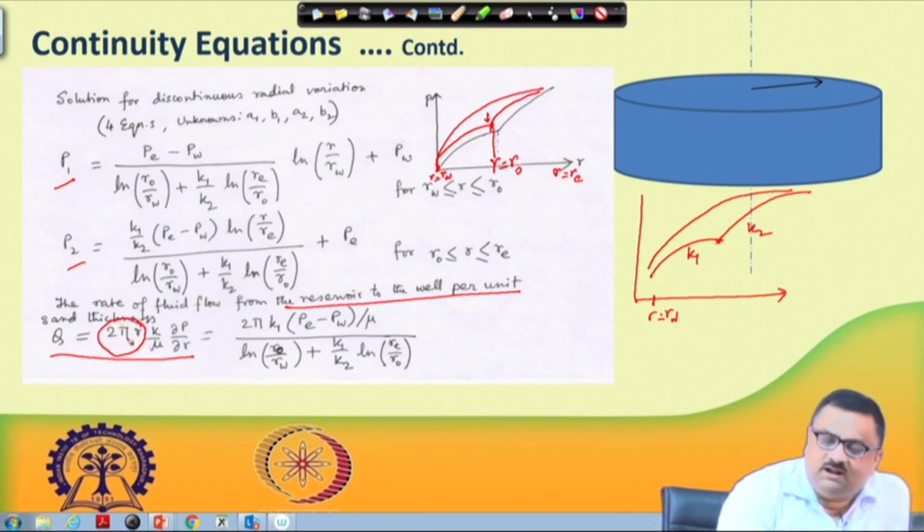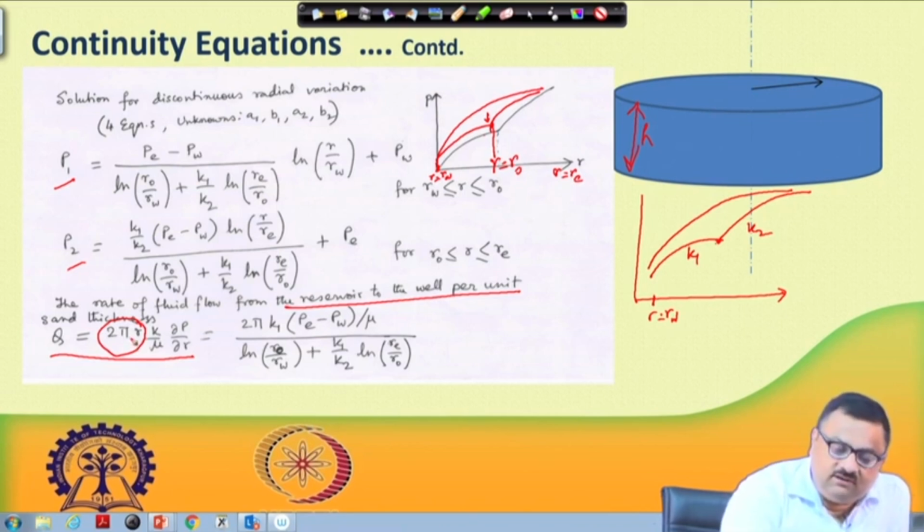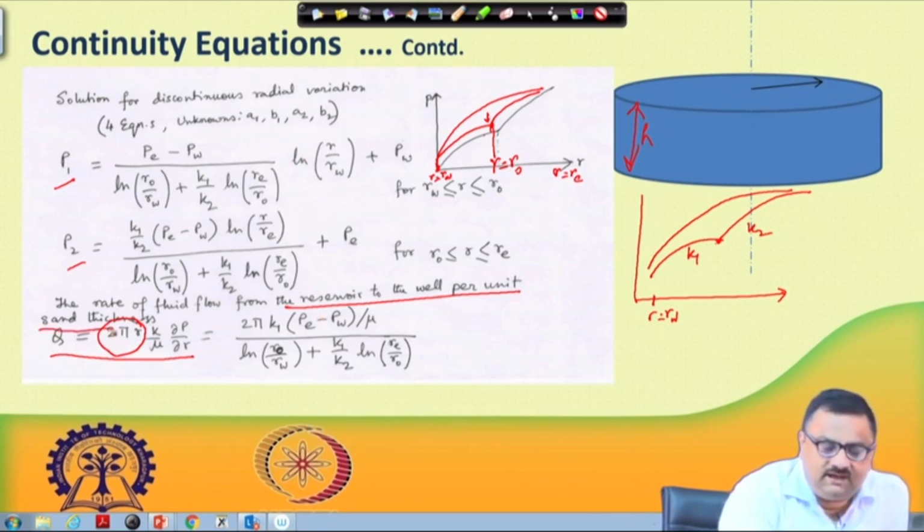Now, area is what? Area is 2 pi r h, right. This height is h and 2 pi r. So the area of the cylinder is 2 pi r h, but they are not writing h here, because they have written reservoir to the well per unit sand thickness, that is important. Per unit sand thickness means h is equal to 1.